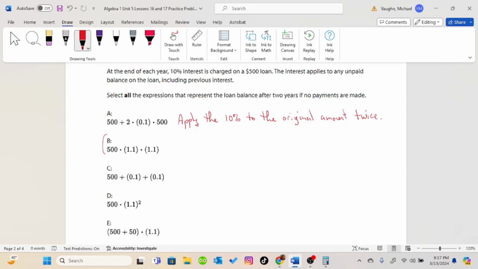So B is correct. If we look at C, because they added 0.1 each time, they're not multiplying it to add 10%. They're just adding 0.1 twice.